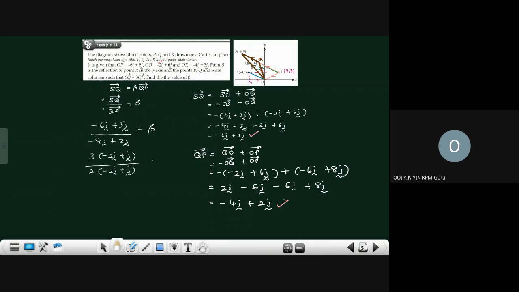Then close bracket equals your beta. And then can you see that up and down here you also have negative 2i plus j, negative 2i plus j. Yes, these two are the same thing, we can cancel off. So only 3 over 2 is left, and that is your beta. Your beta answer equals 3/2. Okay?